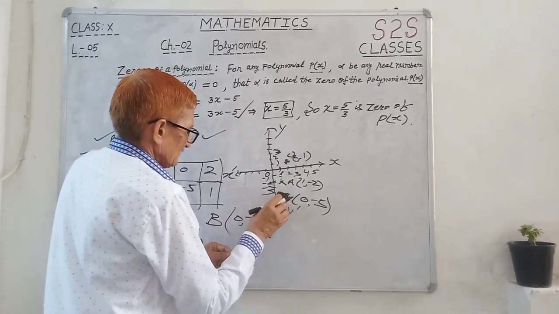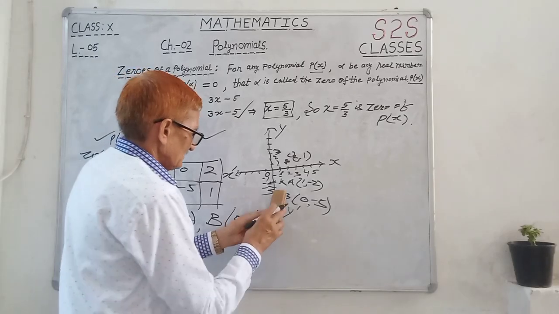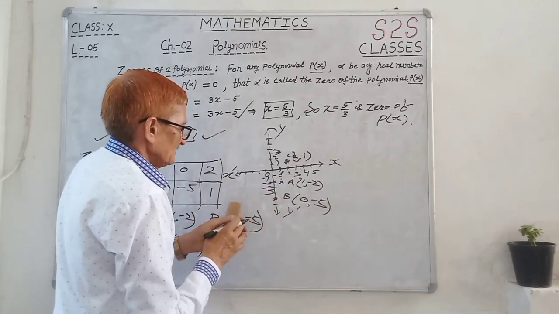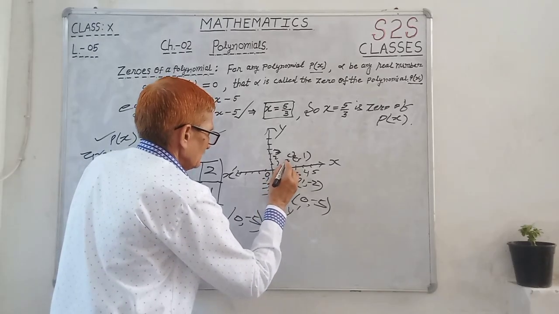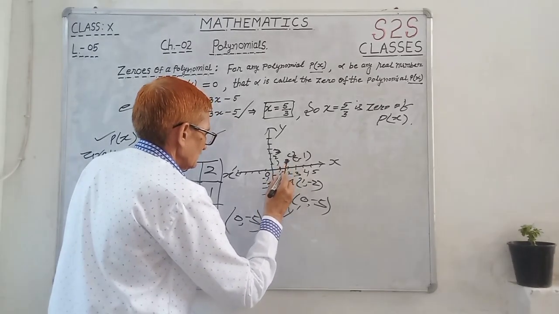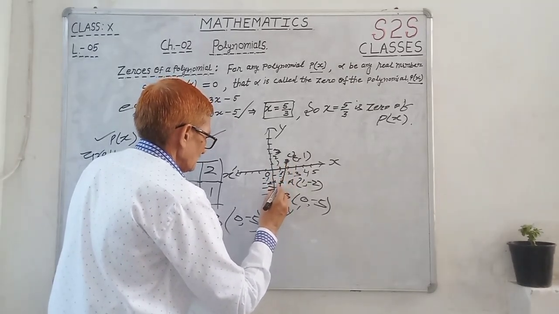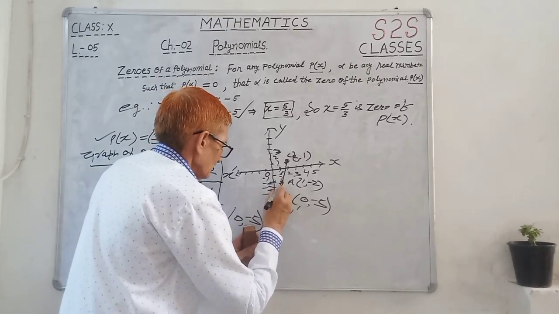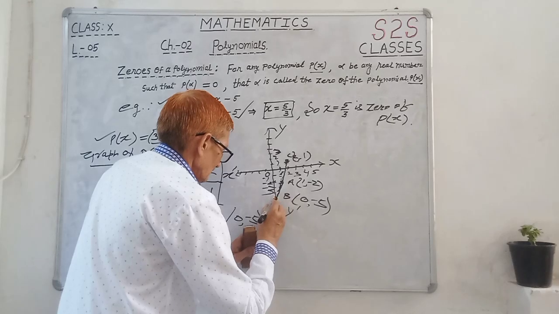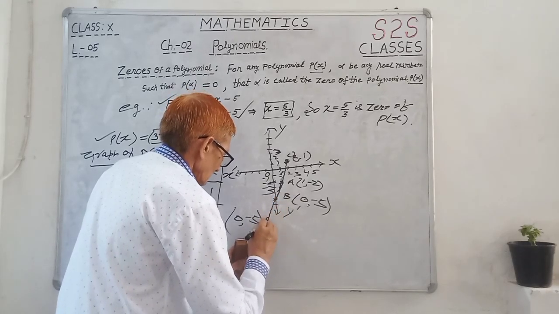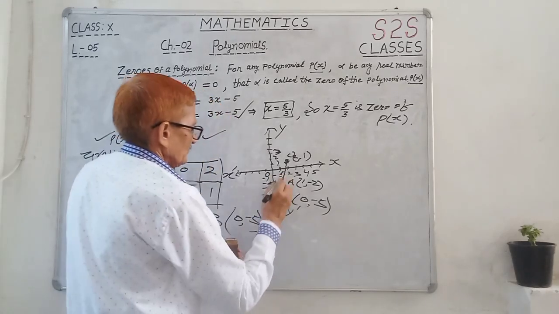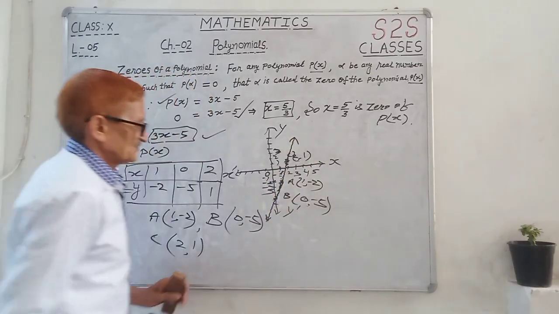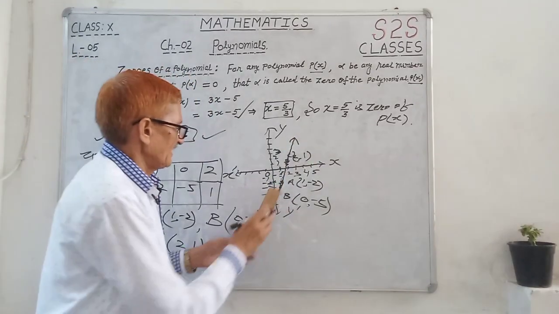If you join these 3 points with the help of a scale and produce both sides, it will always be a straight line.